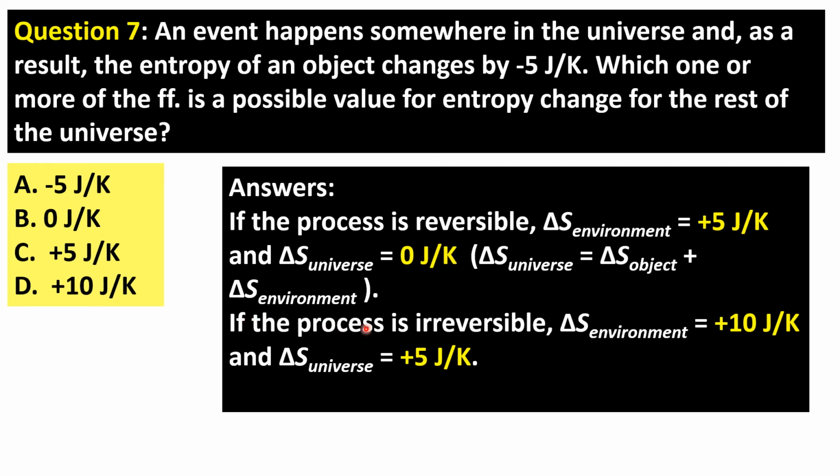Now, if the process is irreversible, then we must have the value for the delta S of the environment to be positive 10 joules per Kelvin, where if you're going to add positive 10 joules per Kelvin to the amount of delta S of the system, that is positive 10 plus negative 5, will give you a total of positive 5.